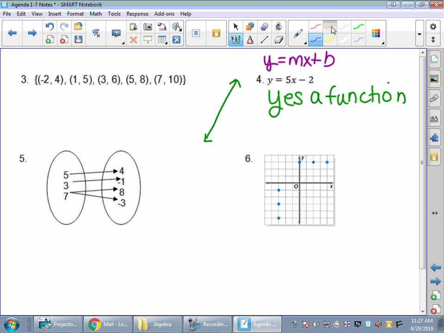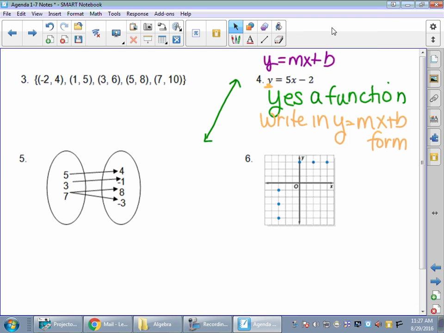So yes, this is a function because we can write it in y = mx + b form. And it's in y = mx + b form because the y is all by itself on one side of the equation, and then we've got ourselves a 5x - 2. So we're looking for repeats in the x.